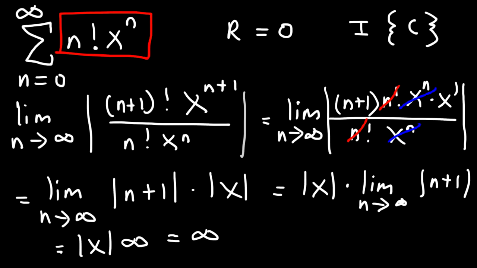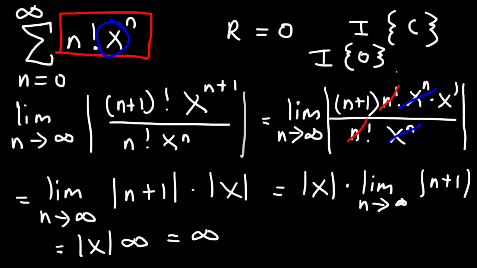So what is c? At what number is the function centered? There's no x minus c to the n. It's x minus 0 to the n, which is x to the n. So we could say that it's centered at 0. So when x is 0, it's going to converge.